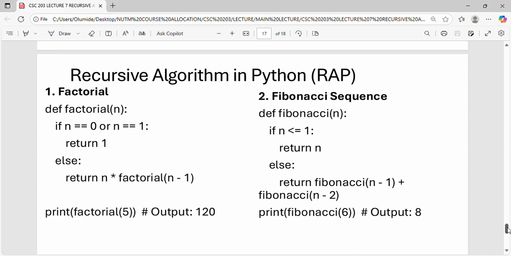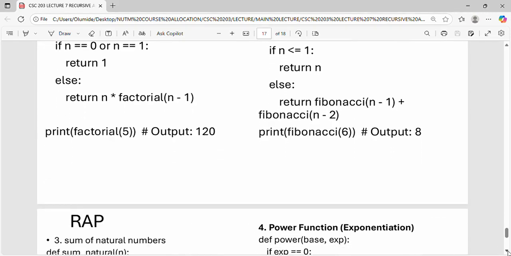Now if you want to do Fibonacci for 6, that will give us 8. Fibonacci starts with f0, which equals 0, f1, and so on. And that is 8. I think from the first page, that was what was displayed.